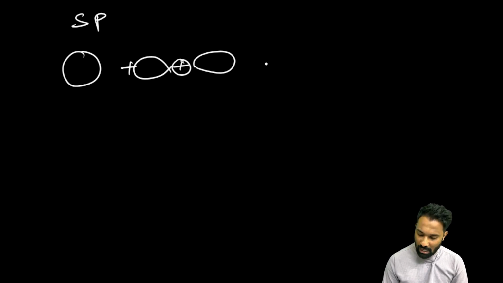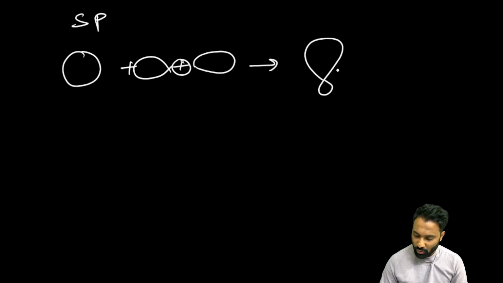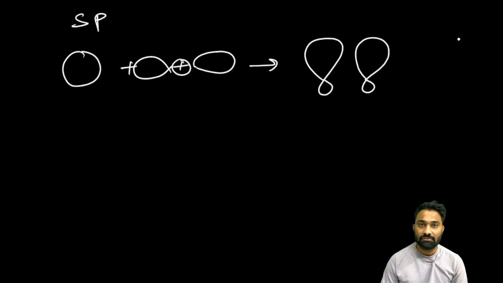When these two orbitals intermix, we get two new hybridized orbitals. However many atomic orbitals intermix, that many new hybridized orbitals will be formed. If three intermix, three new hybridized orbitals form; if four, four form. Here only two: one s and one p.